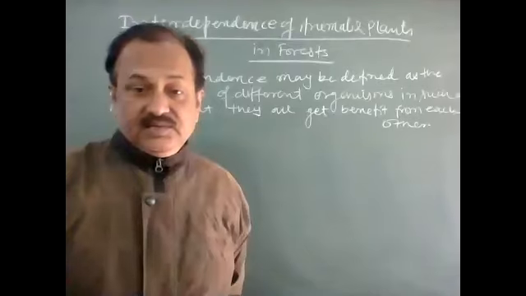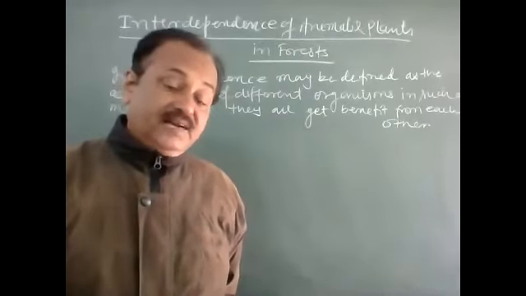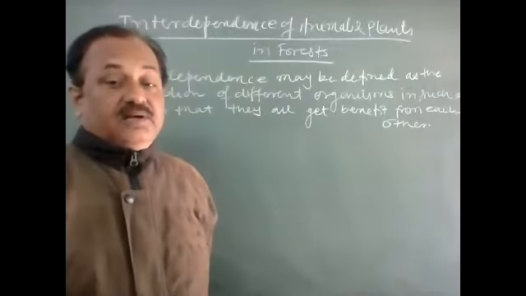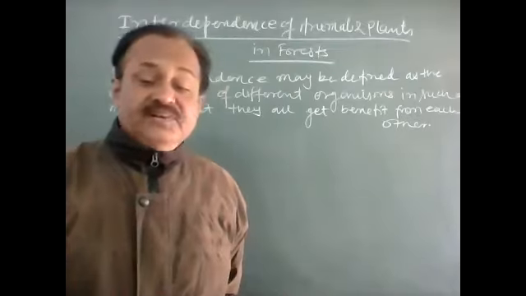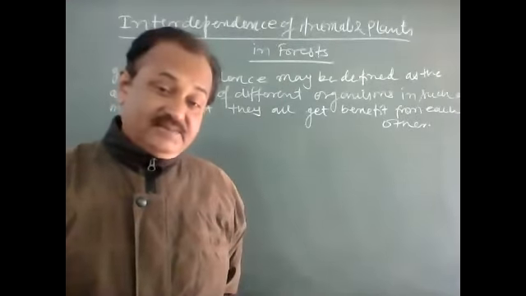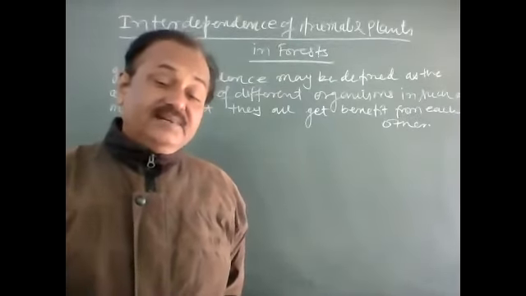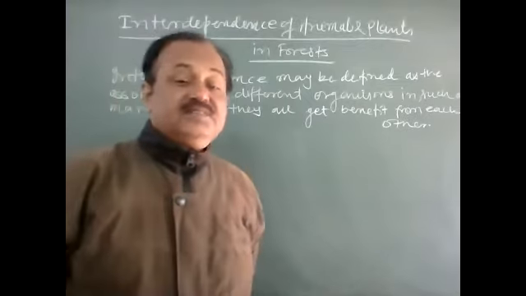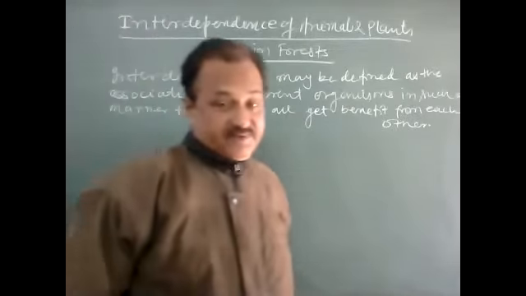Then sisam is also very good, very expensive wood, and it is also obtained from the deciduous forest. So deciduous forests are very much important. Then the fruits, apples, pear, all are obtained from the trees. So children, this is the meaning of interdependence, how we are dependent.